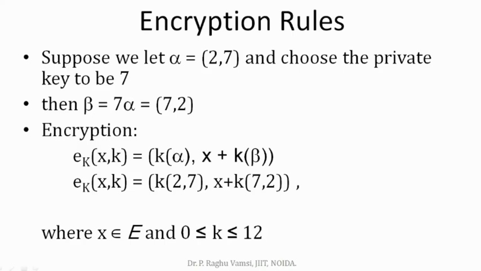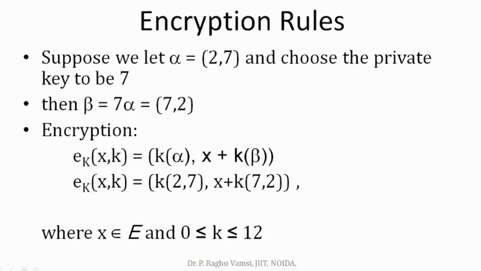That is the private key and the public key that we have shared. So 7 alpha means it is just like 7P. You have to add P for 7 times, that we have seen last time. So if you perform 7 alpha with 2 comma 7 on the elliptic curve Z11 of 1 comma 6, we will get 7 comma 2.